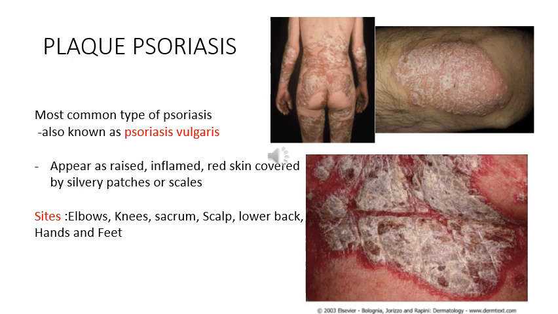Usually it appears as raised, inflamed red skin covered by silvery patches or scales. You can see it in the picture. The sites are usually the elbows, knees, sacrum, scalp, lower back, hands and feet, especially the extensor part of the body.